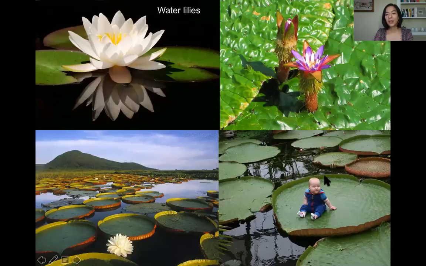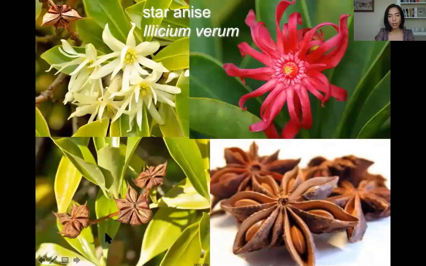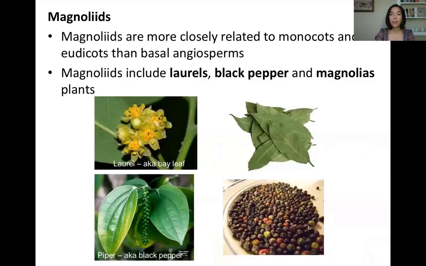You can see how resistant they are: if you put a baby on these leaves, they can support the baby and prevent it from sinking. So they have these adaptations to float and photosynthesize. This is the star anise, Illicium verum. It's used to cook. It's an aromatic spice.